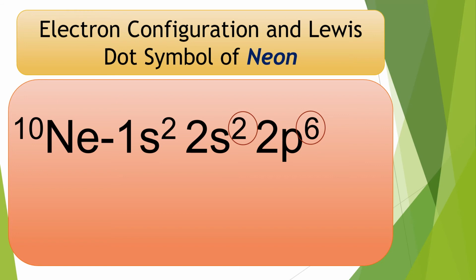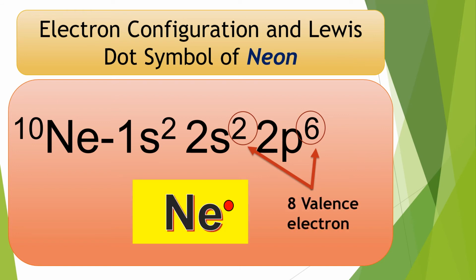If the outer shell is filled, the atom is stable. The stable elements are atoms having 8 valence electrons. Other atoms usually form chemical bonds with other atoms to achieve stability.